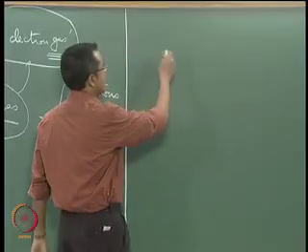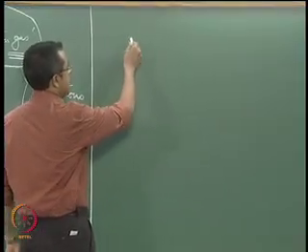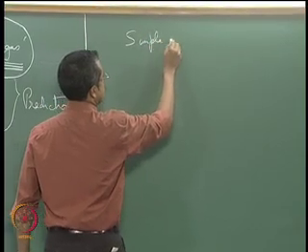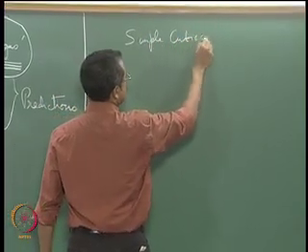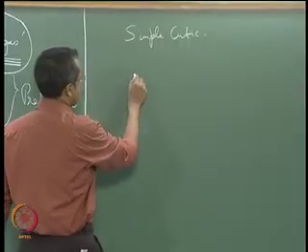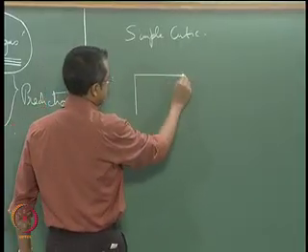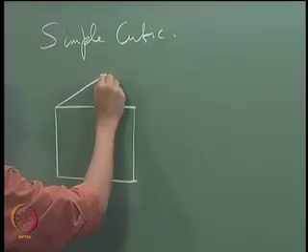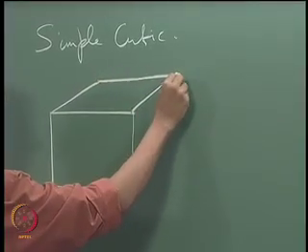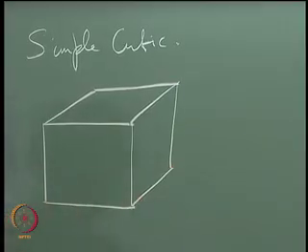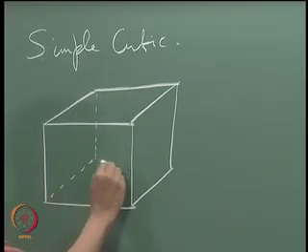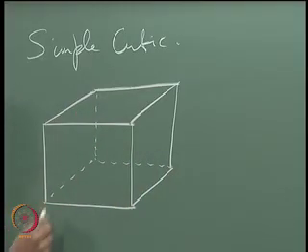Alright. So now let us take a solid which has a simple cubic crystal structure. We will just draw that here. At the corners of the simple cube there are atoms.